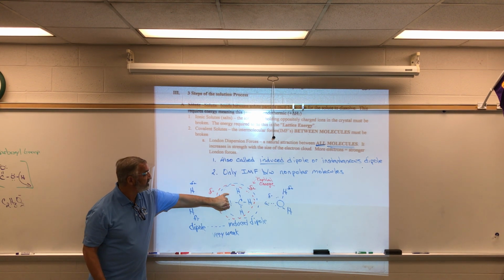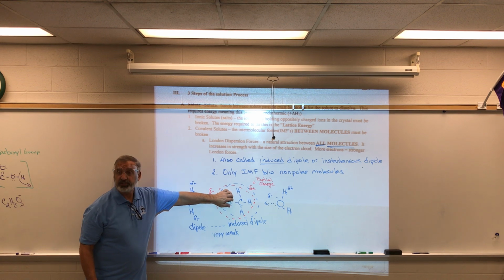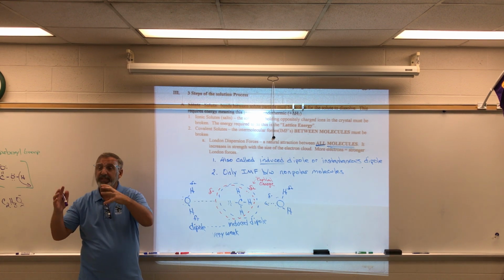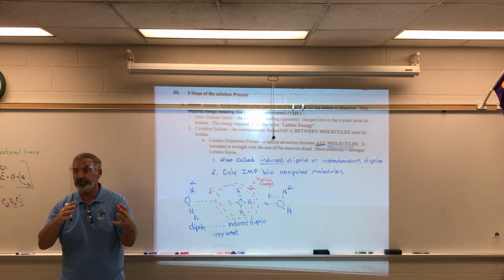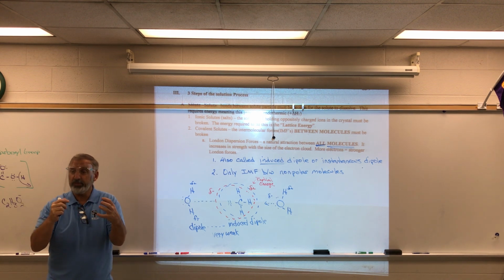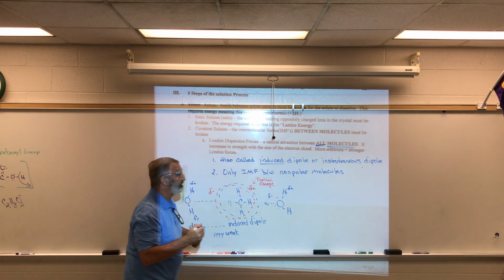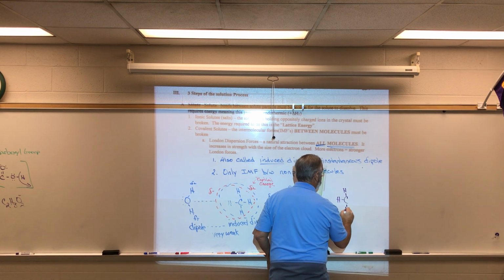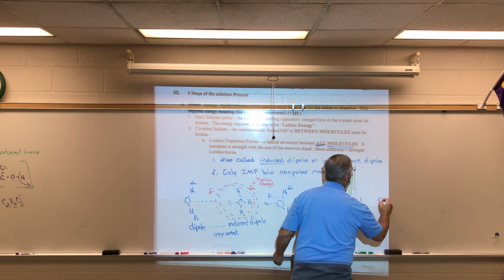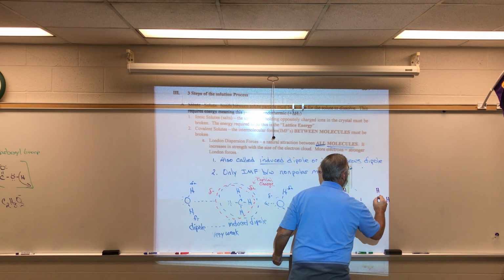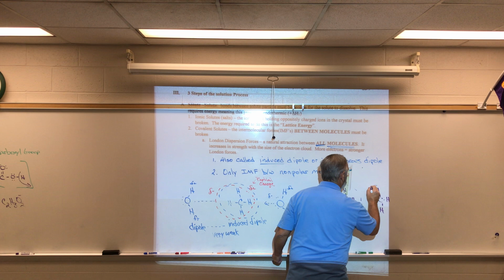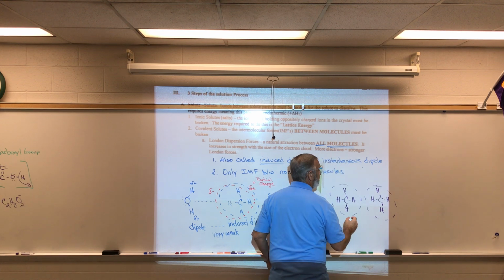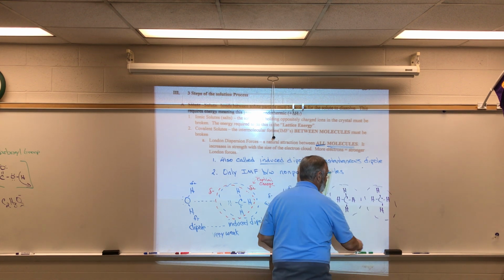So a London force is just a natural attraction due to the distortion of the electron clouds as they interact with one another. So even two nonpolar molecules, if I have a CH4 and a CH4, when they begin to interact, they're going to do the same thing.